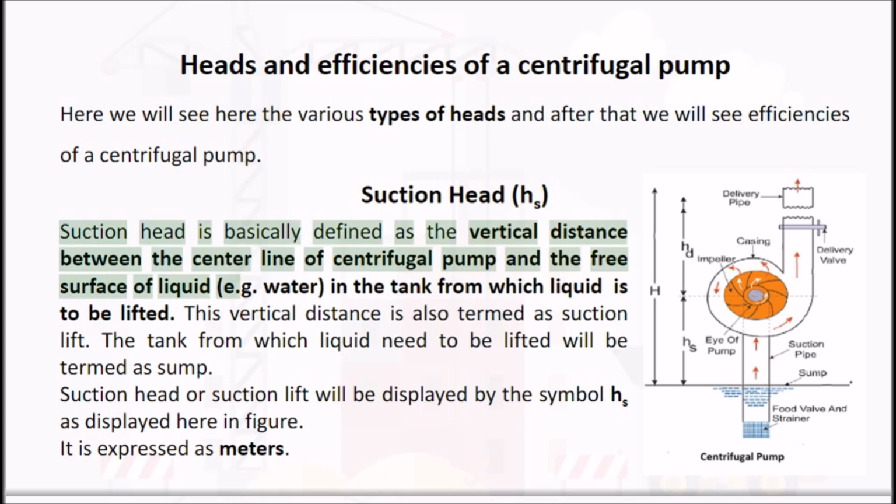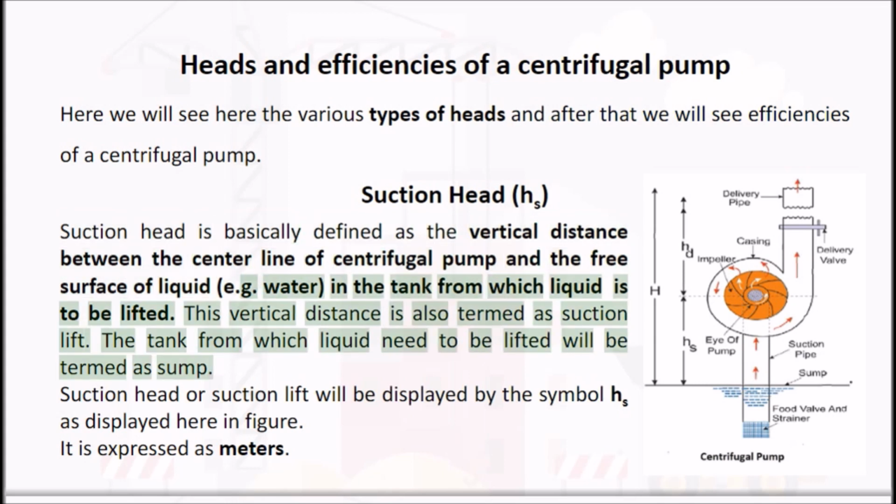Suction head is basically defined as the vertical distance between the center line of centrifugal pump and the free surface of liquid, e.g. water, in the tank from which liquid is to be lifted. This vertical distance is also termed as suction lift.